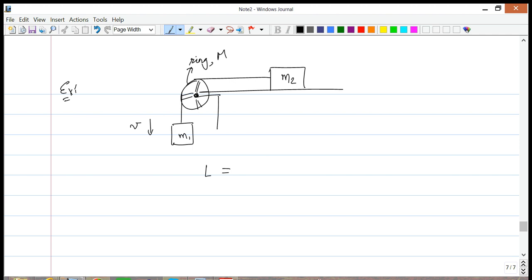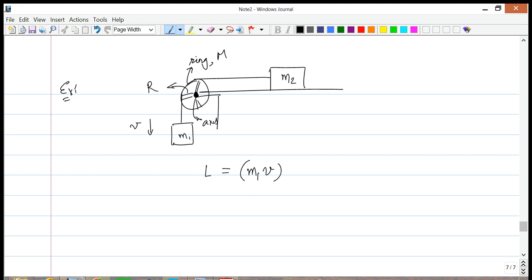We'll find the angular momentum about this axis for the pulley. If you remember, angular momentum is equal to the momentum times the moment arm. So for the block M1, the momentum is M1 times v, and the moment arm, oh by the way, I didn't give you the radius, the radius of the pulley is, let's say, r.